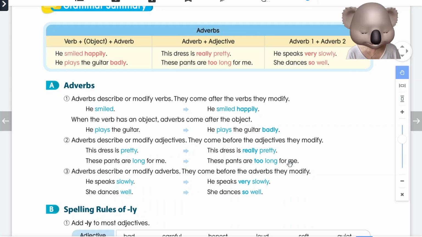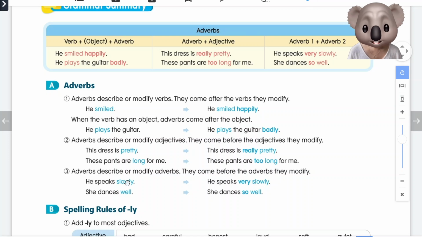너무 길어 for me. We can also have two adverbs. 우리 ly로 끝나는 adverb들 전에 나올 수도 있어. For example, he speaks slowly. Our adverb is telling us how he speaks. So our adverb is slowly.